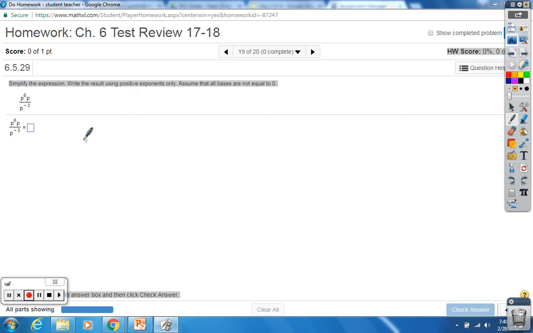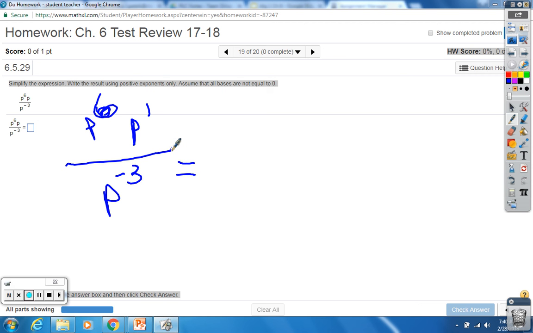Alright. So in this one here we got p to the 6th and p to the 1st. Technically they didn't write the 1, but I'll just keep it there because if there's no exponent on a variable, that means it's assumed to be 1. Now on the bottom we have p to the negative 3.